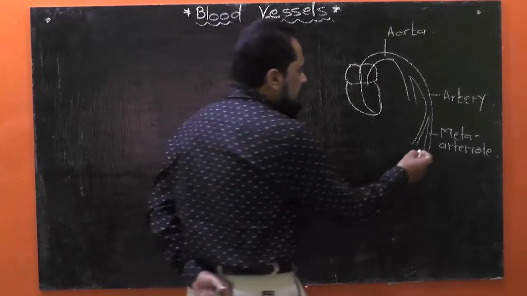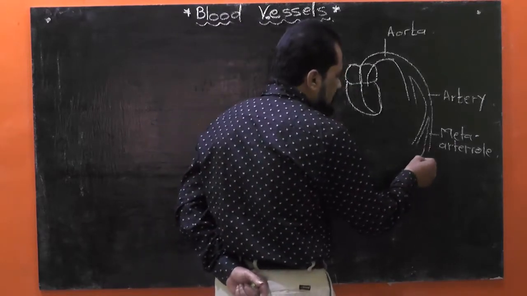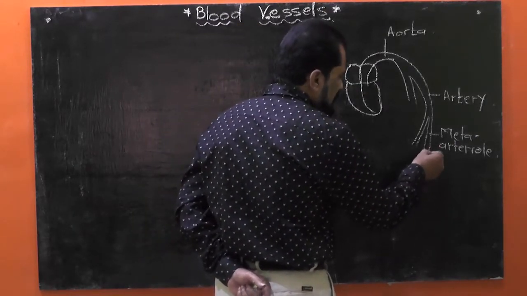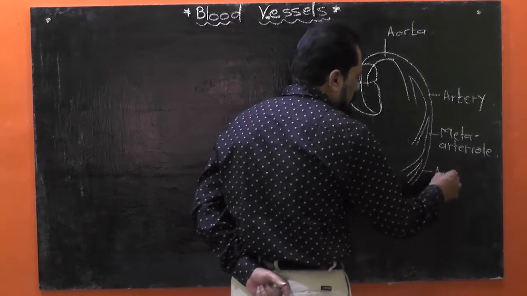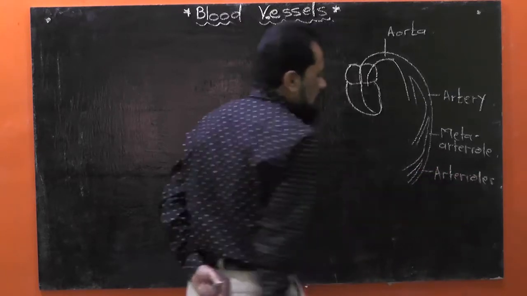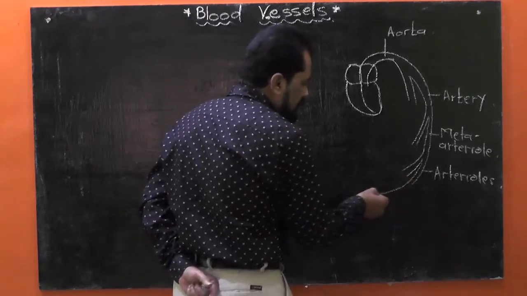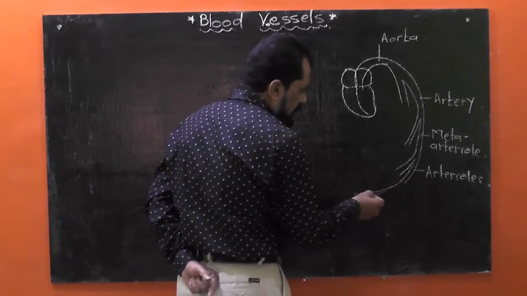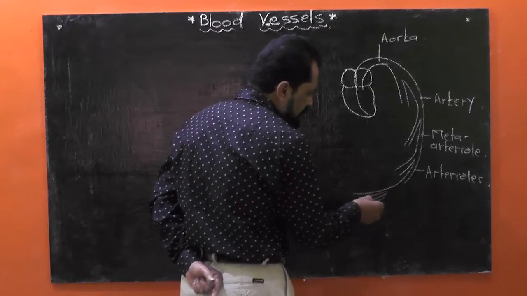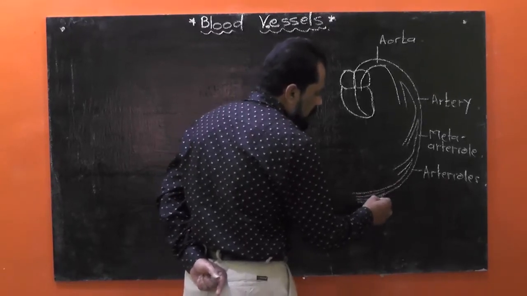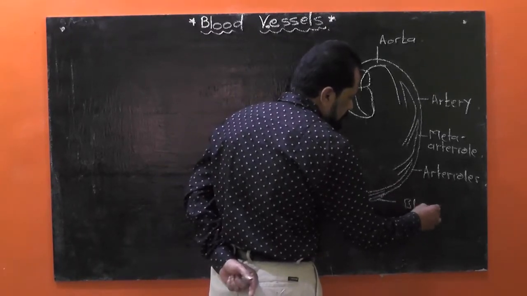Meta-arterioles further divide to form still smaller blood vessels known as arterioles. Arterioles further redivide to form the thinnest and finest blood vessels known as blood capillaries.